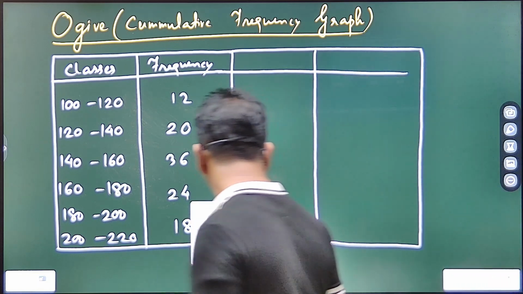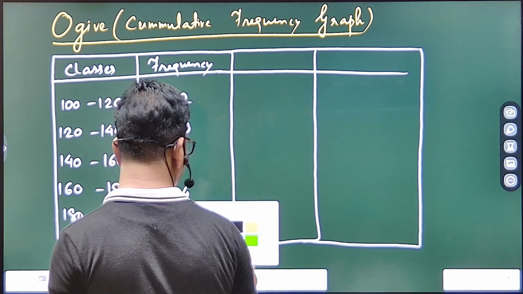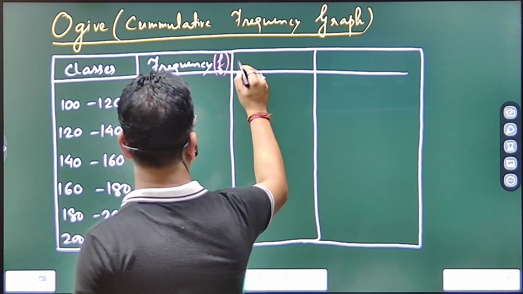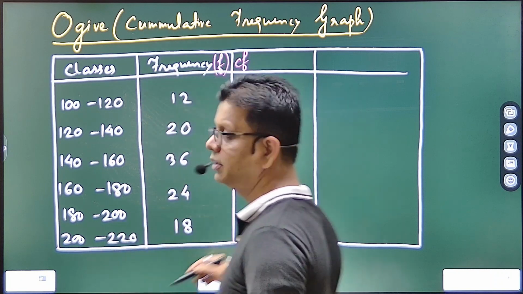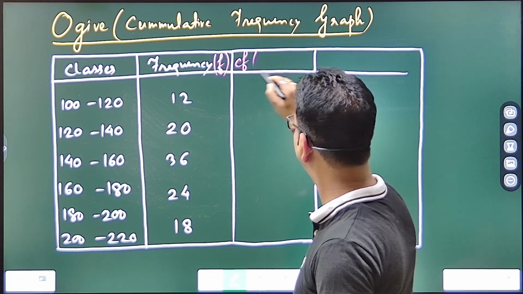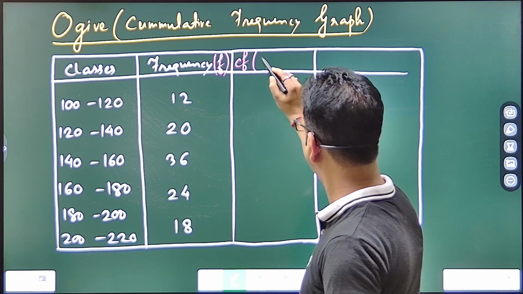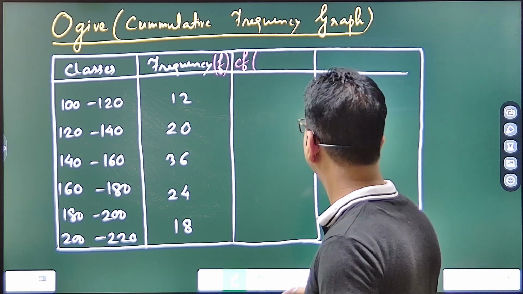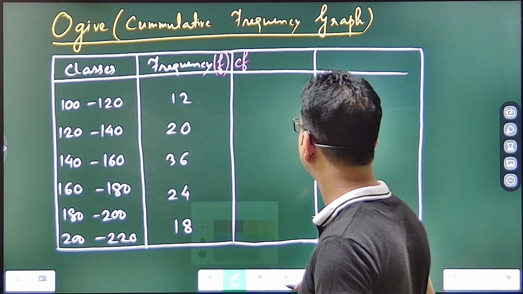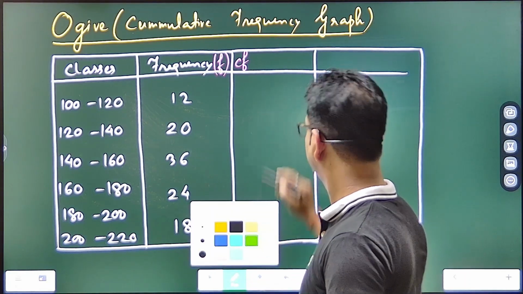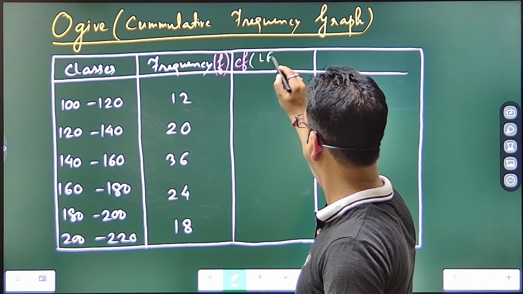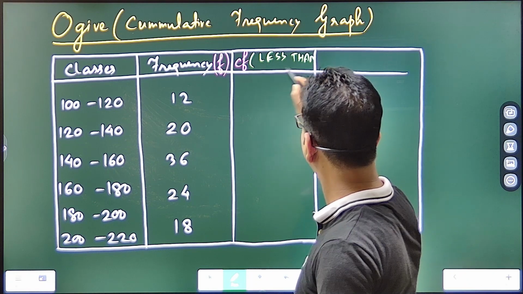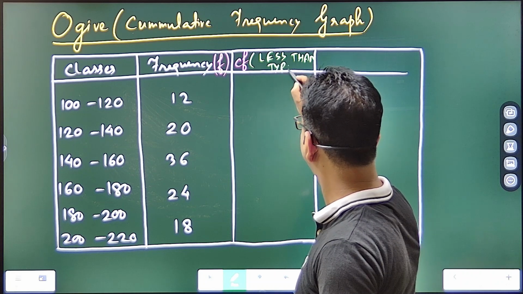Okay. So to get the OGIV, first of all, as you know, this is called frequency. Frequency column we do F. Now we are finding CF, but CF we will find in two different ways. This is called CF less than type, the cumulative frequency less than type.